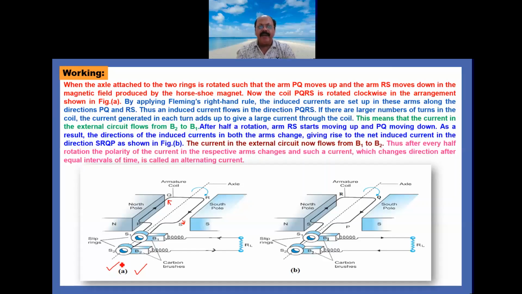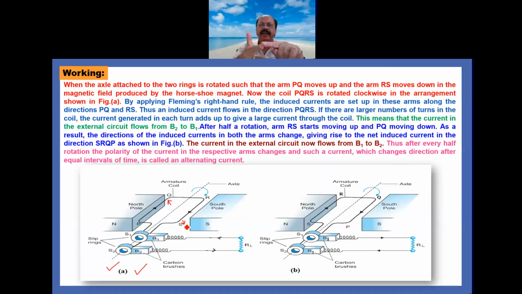Now by applying Fleming's right hand rule, the induced current is set up in these arms along the direction PQRS. Fleming's right hand rule I already explained. Stretch the forefinger, thumb and central finger of the right hand.